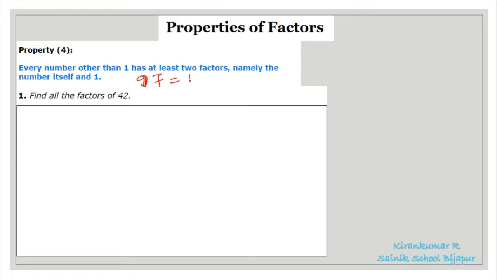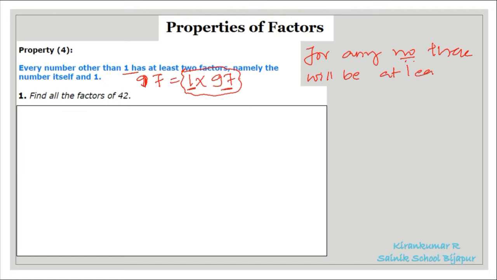This 97 I can write as 1 multiplied by 97. 1 is the least factor and the number itself is the greatest factor. So every number will have at least two factors.